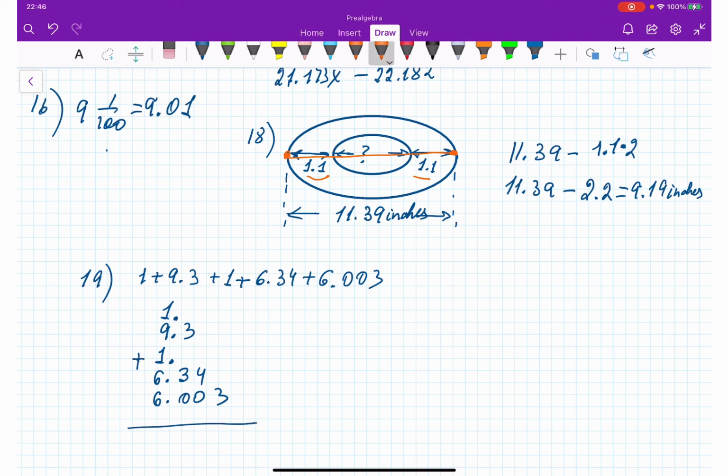Now, look here. Here we don't have any number, so this 3 comes down. Here we have only this 4 and 0, right? It's going to be 4. First decimal is this one. 3 plus 3 is 6. Full stop. And here we get what? 1 plus 9 is 10. 10 plus 1 is 11. 11 plus 6 is 17. 17 plus 6 is 23.